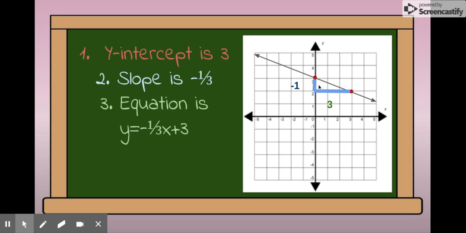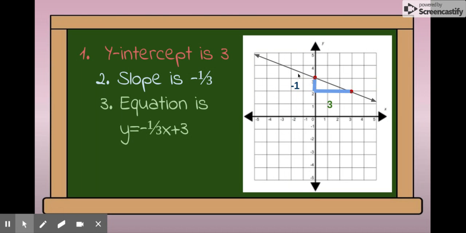And then your slope is how much you're going up or down, or side to side, to get to the next point. Here for us, to get from our first point to our second point, we're going down 1, so that's -1, and then we're going forward 3, so that's +3.